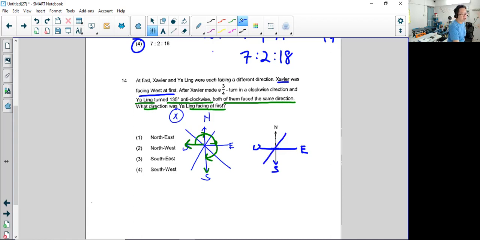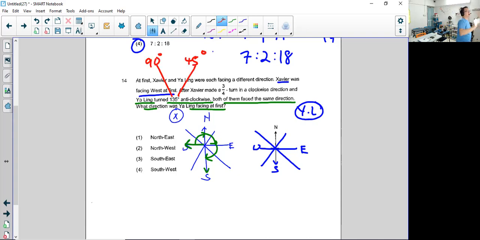Okay, so let's draw the 8-point compass for Yaling. Then you work backwards because you want to find what direction was she facing at first. So how to work backwards? The 135 degrees, you have to break up into smaller numbers, 90 and 45.